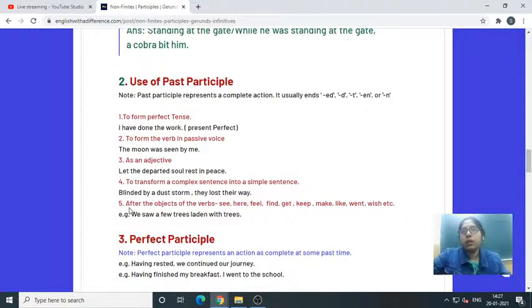Now, fifth one, after the objects of the verbs see, hear, feel, find, get, keep, make, like, want, wish, etc. So, we can see this example. We saw a few trees laden with fruits. This is the example of the same. So this is the use of past participle.